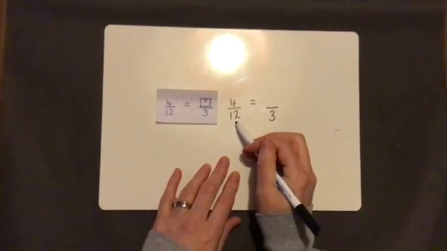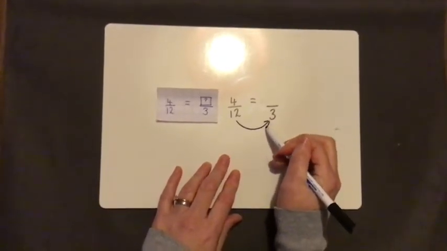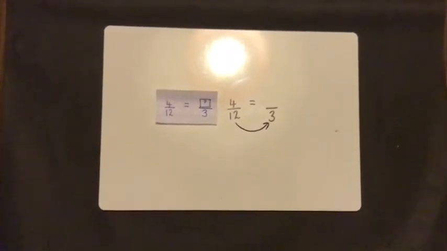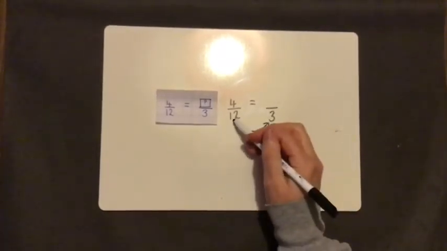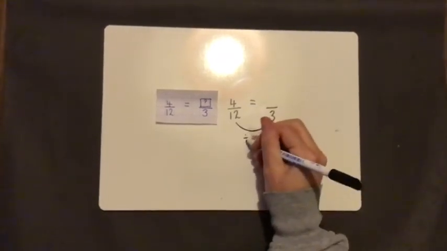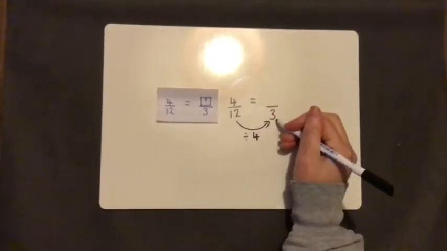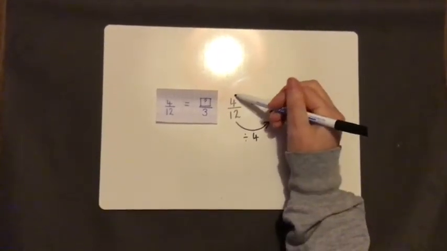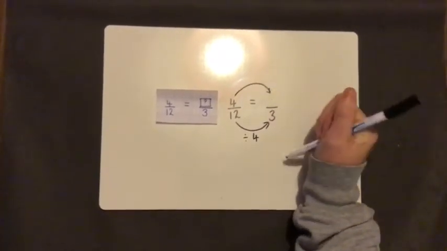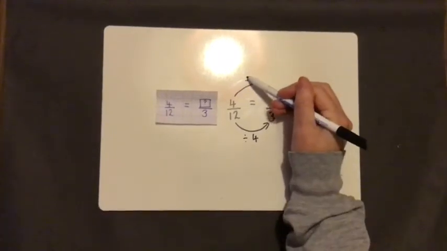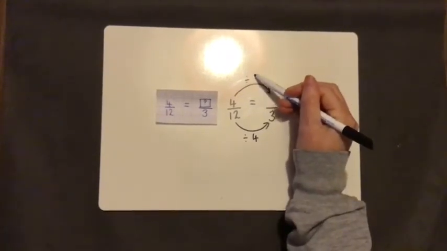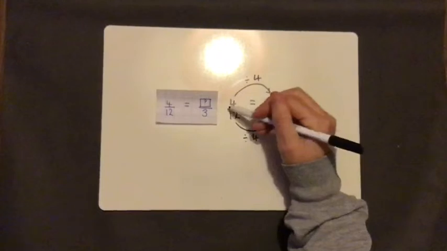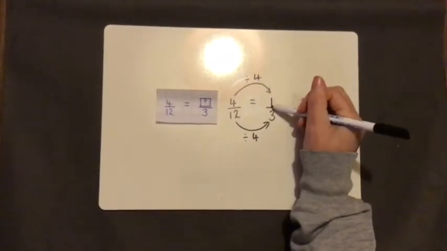So we're going to think, how can I turn 12ths into thirds using my multiplication or division facts? Well, because I know this, I know that 12 divided by 4 equals 3. So like I did in the last calculation, I'm going to do the same to the top this time. I'm going to divide 4 by 4. So 4 divided by 4 equals 1.